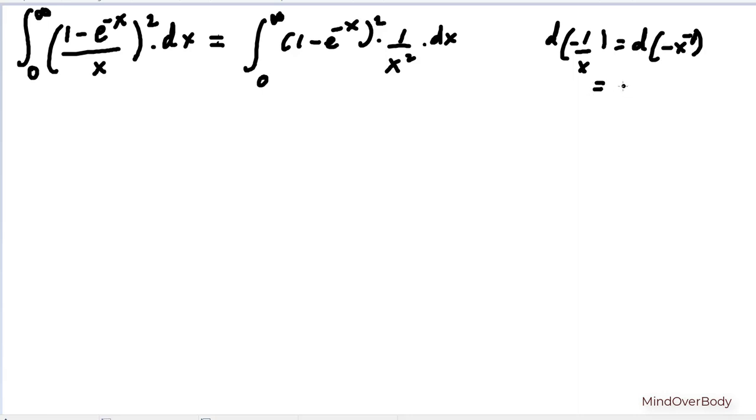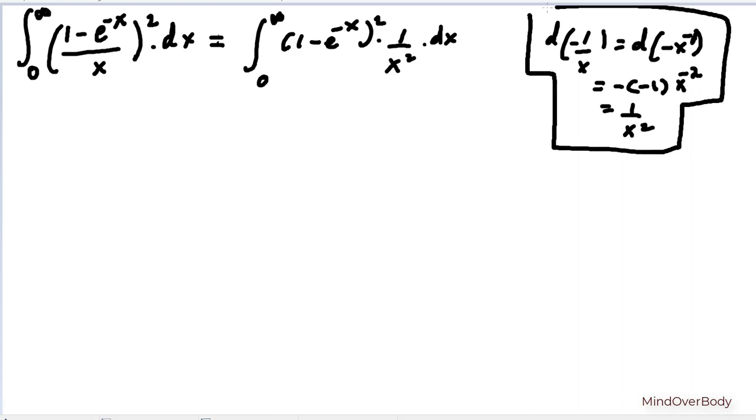Upon differentiation, I would get −(−1)·x^(−2), which is nothing but 1/x². So this gives me the ability to rewrite 1/x² as d of (−1/x).